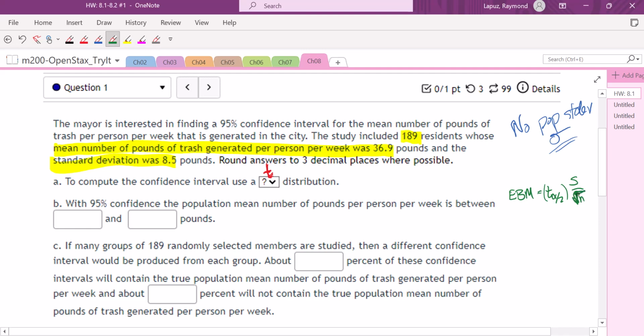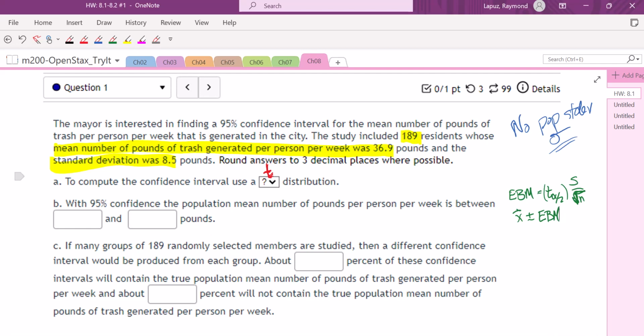Once we find this, we're going to say x bar plus and minus the error bound for the mean, and that would go on our left and right sides of the interval.